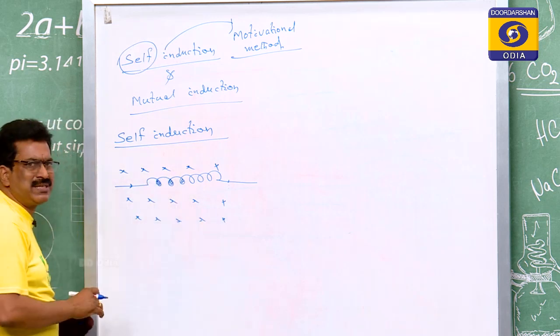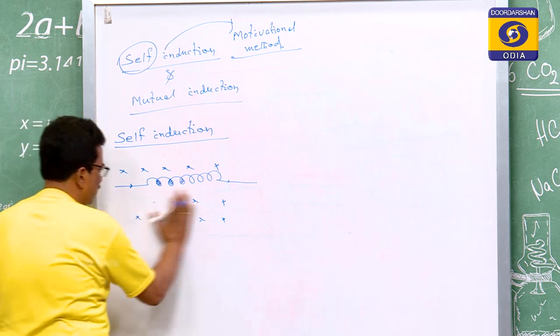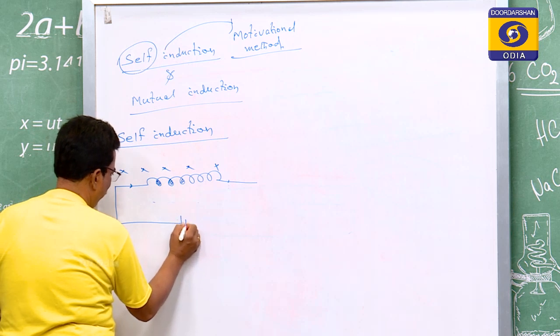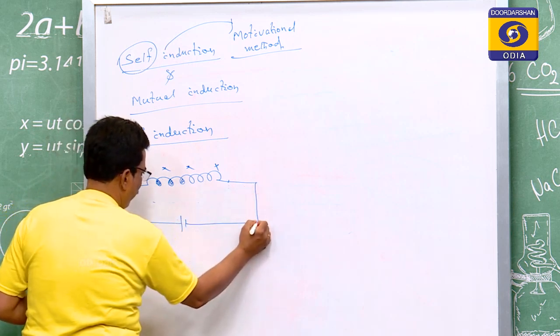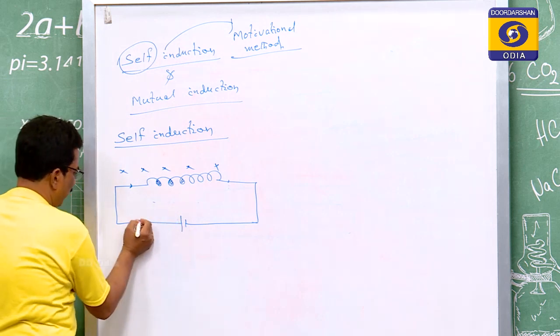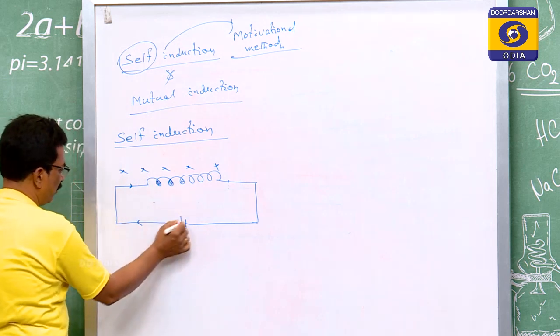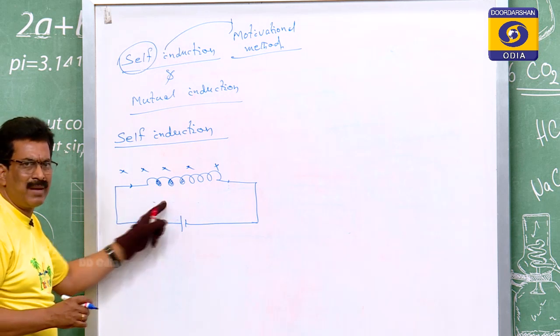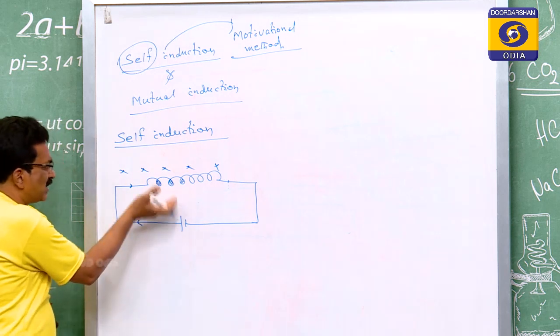If it is placed in an inward field, there is no change, but if you connect it with a battery, meaning some charge flows through it, what will happen? There will be a change in its field.